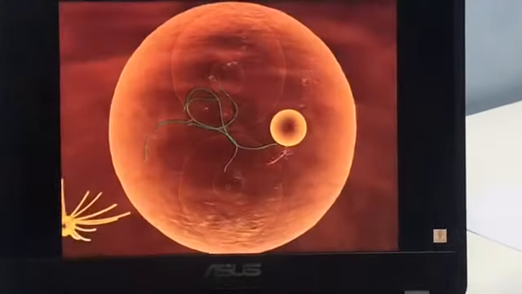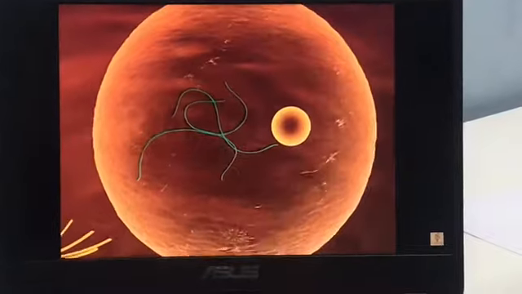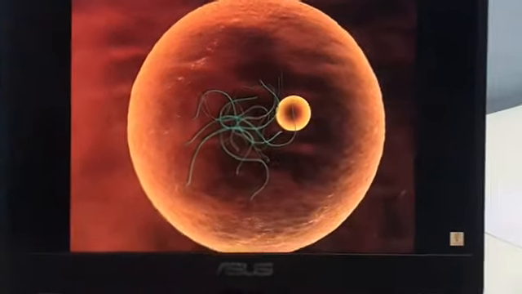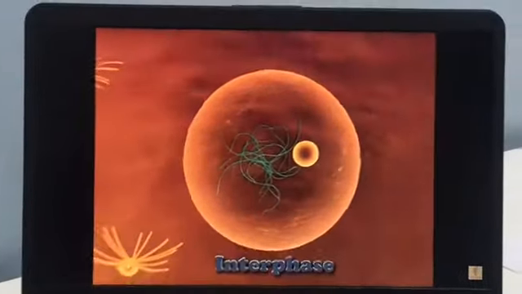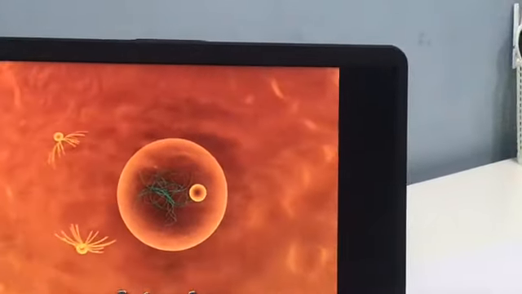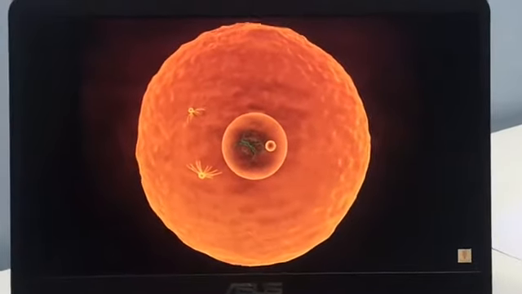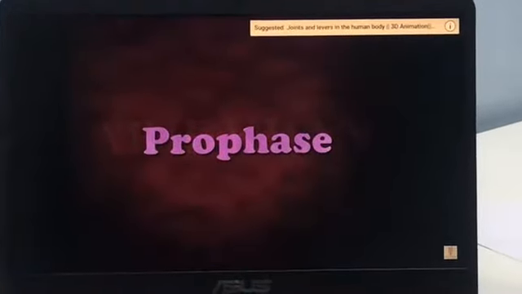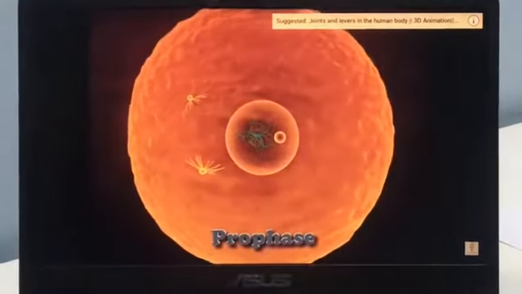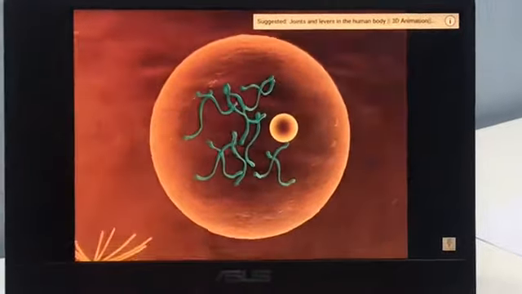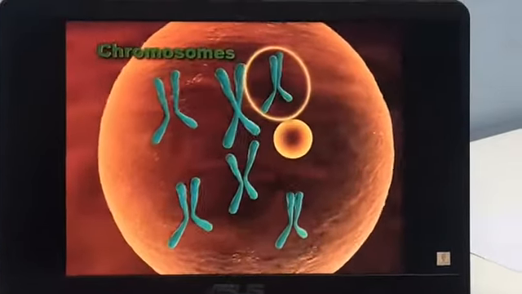Before a dividing cell enters mitosis, it undergoes a period of growth and rest. This period is called interphase. In interphase, the genetic material of a cell increases. Prophase. During prophase, the chromatin condenses and becomes short and thick to form chromosomes.